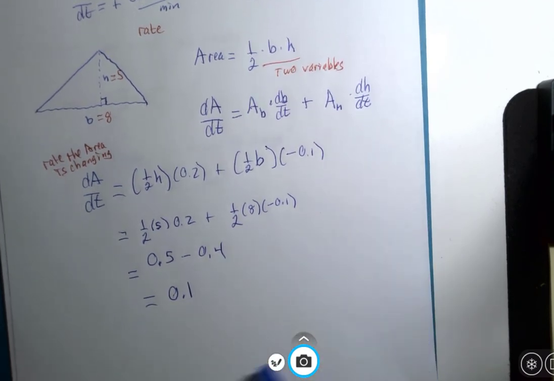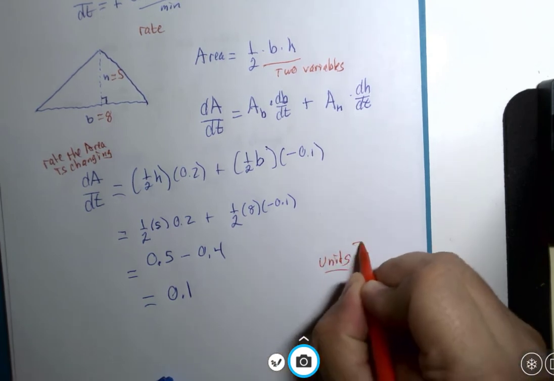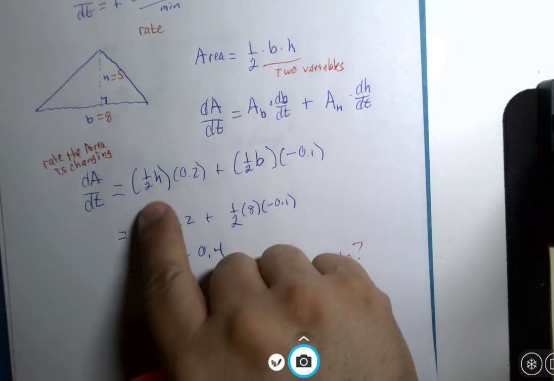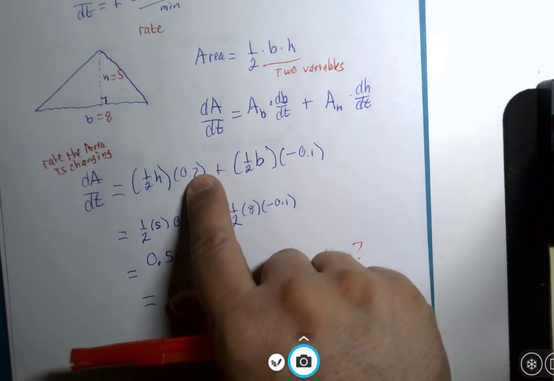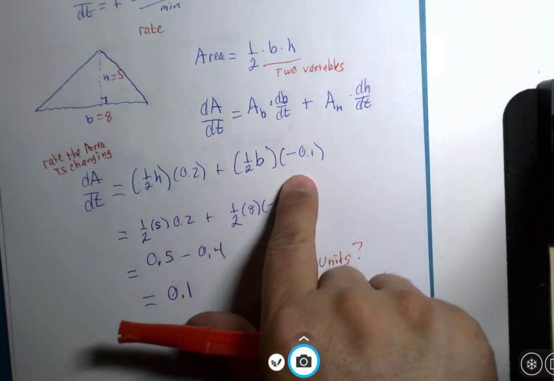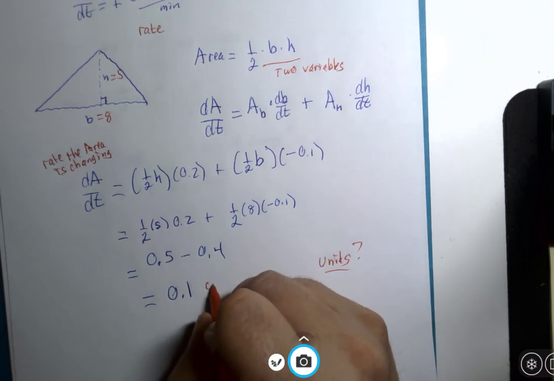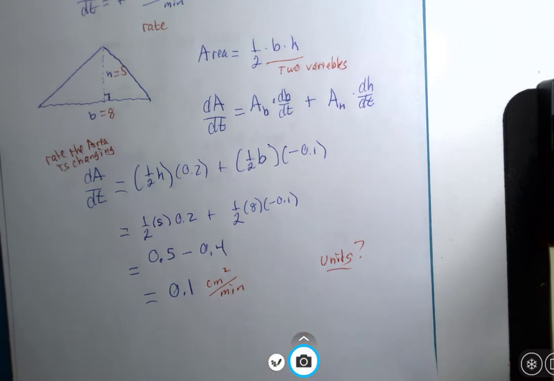So what are the units? Well, I should have had centimeters here and here, and I should have had centimeters per minute here and here. I think you will find that you end up with centimeters squared per minute.